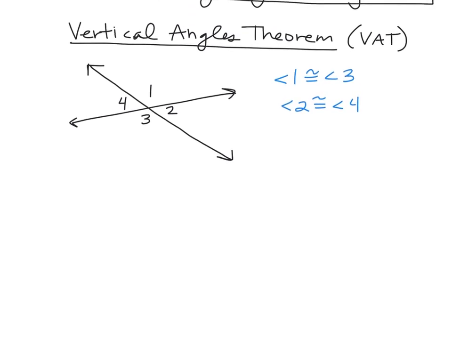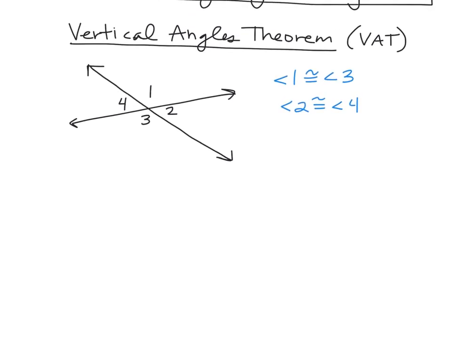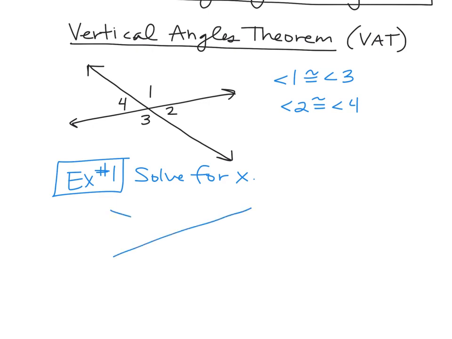All right, let's do an example of that. So if I tell you to solve for x, and the problem looks like this, with 2x plus 21 and 4x, okay?